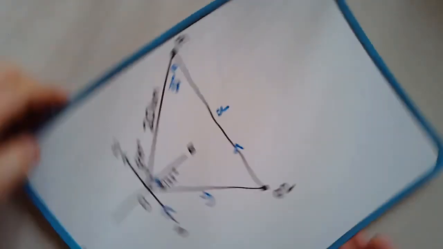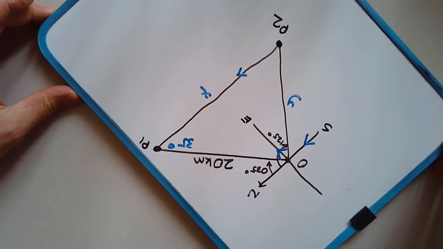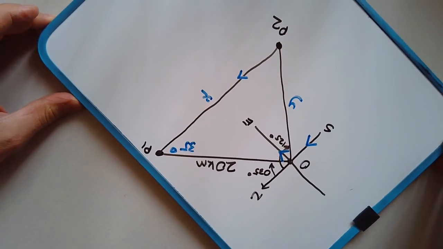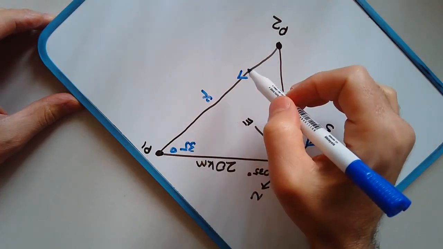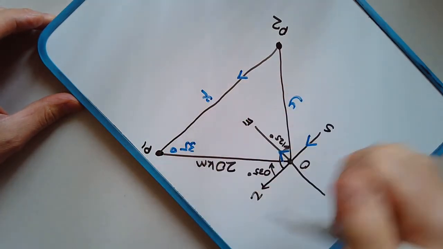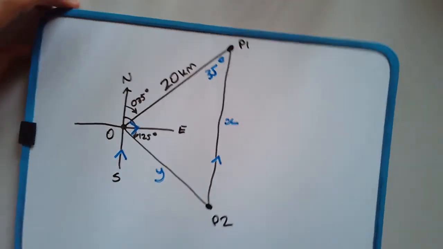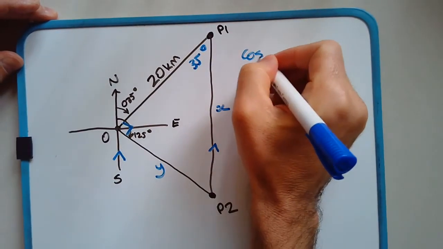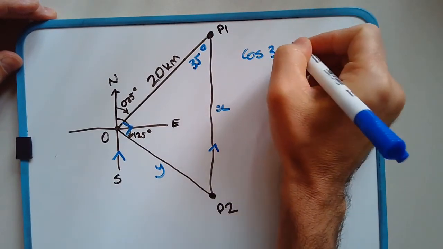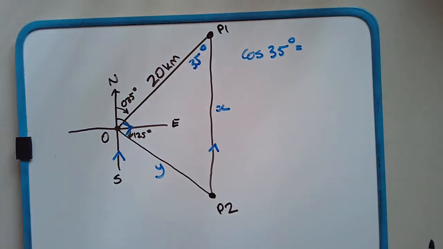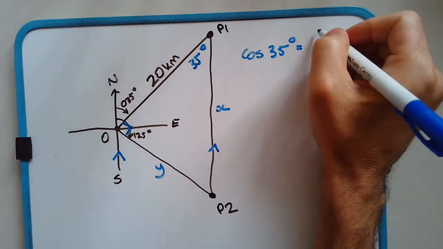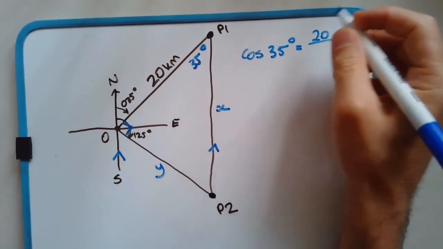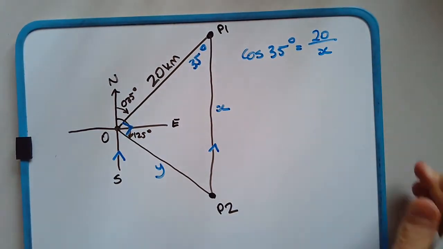If I turn the triangle this way, you can probably see it a little bit easier. So that's the adjacent side, and there's the hypotenuse. So adjacent over hypotenuse, that's cosine. So cos of 35 degrees is equal to adjacent over hypotenuse, so it's going to be 20 over X. So that's our P1, P2.